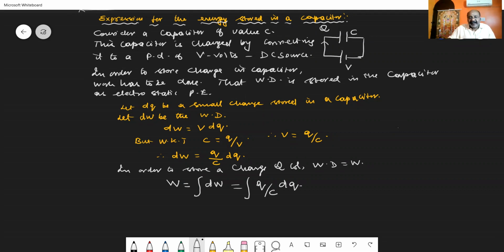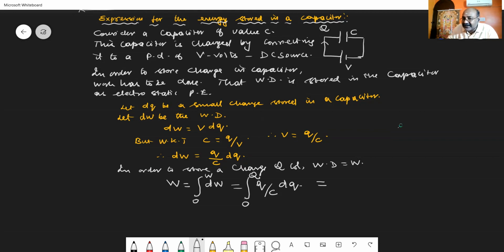Initially the charge available is 0, meaning work done is 0. The total charge given is capital Q, then the total work done is W. So we integrate within the limits 0 to Q.